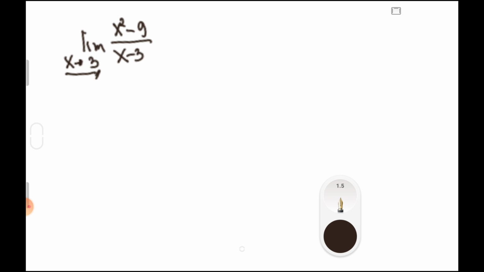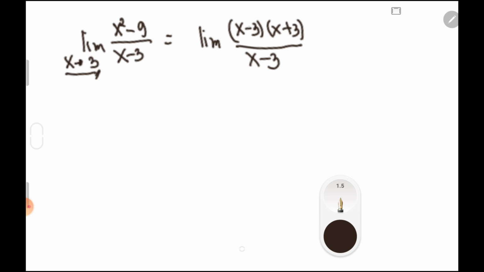So in order to solve for the value of this function, let us manipulate the equation. By further manipulation, we have the limit of (x minus 3) multiplied by (x plus 3) divided by (x minus 3). You can see that (x minus 3) divided by (x minus 3) is equal to 1, right? So therefore, we have x plus 3, and the limit as x approaches 3.